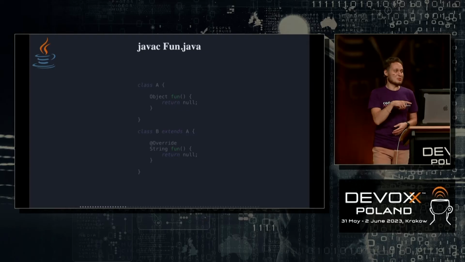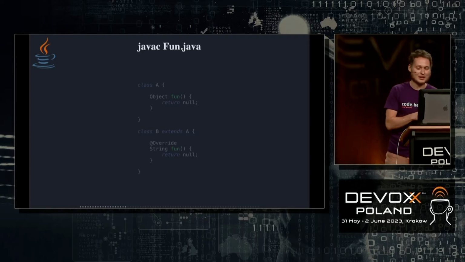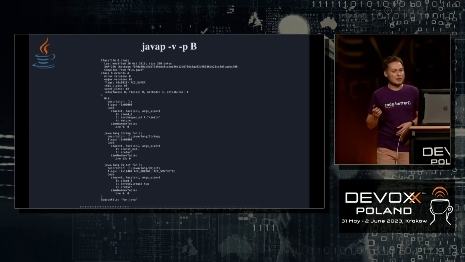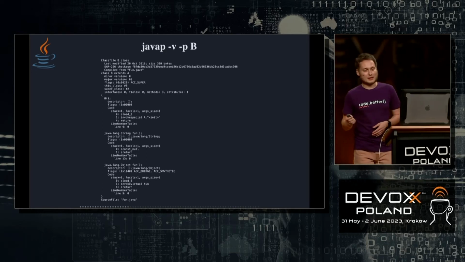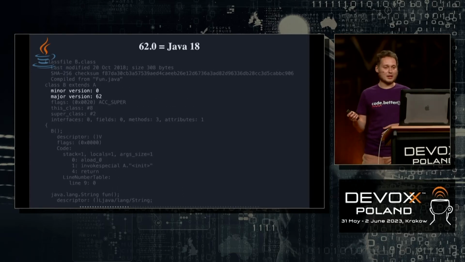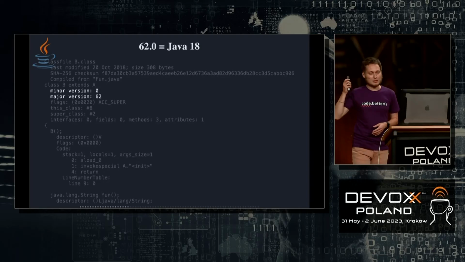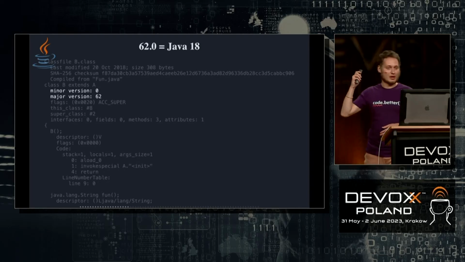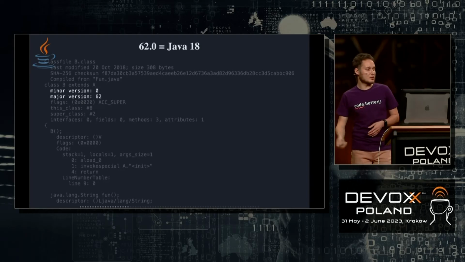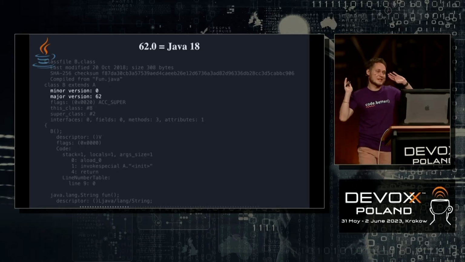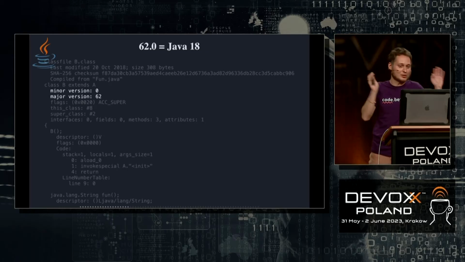And I would be surprised if we could not. But okay, let's see what is going to happen inside. We again compile, we again decompile, and look. This time we're going to use Java 18, major version 62, just to be sure that we got all the nest-based access control and all the improvements.